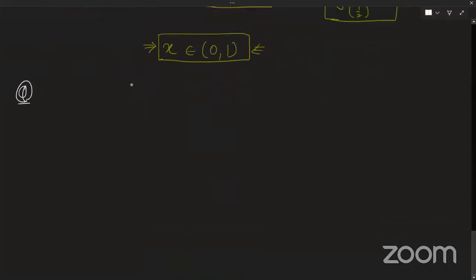Okay. So a similar problem: log base 2 of log base half of log base 3 of x is greater than 0.